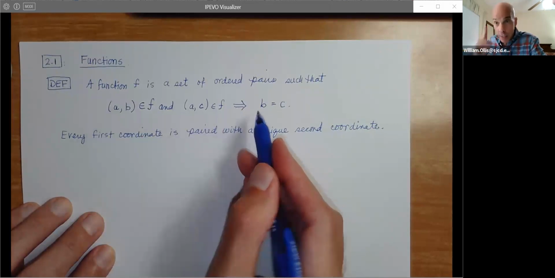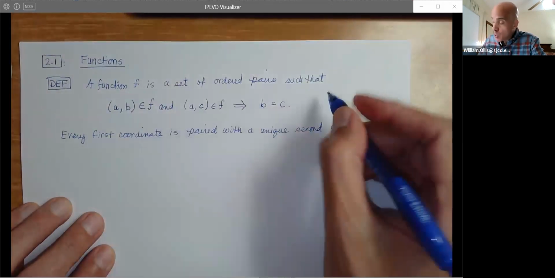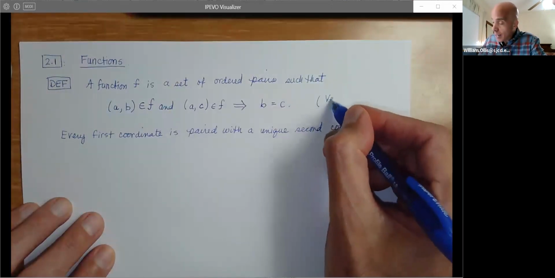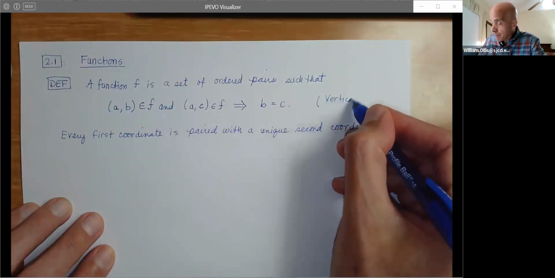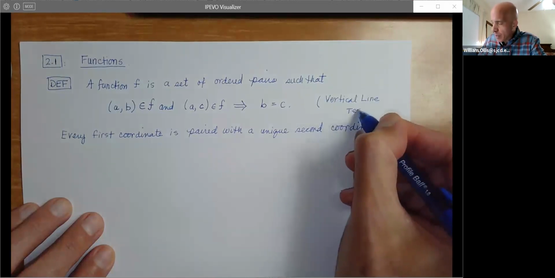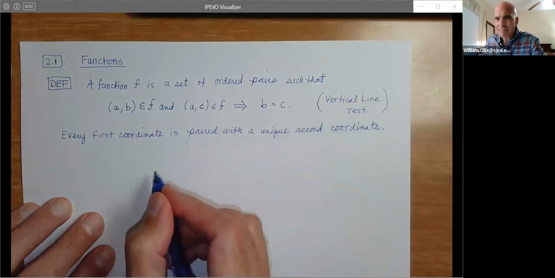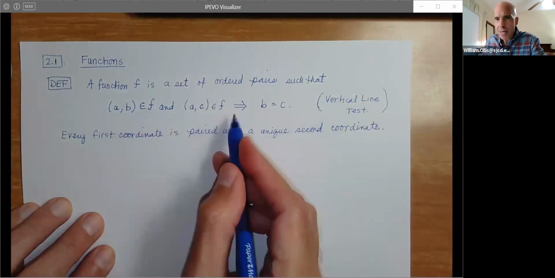And that's basically the vertical line test. So this definition is really the vertical line test. But that's neither here nor there. I mean, vertical line test is fine, but the important part is understanding this.